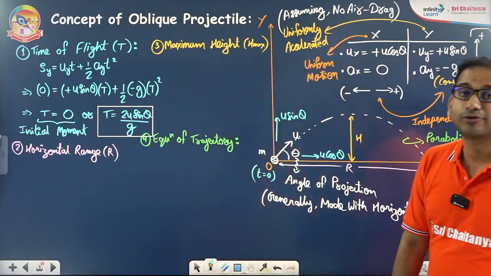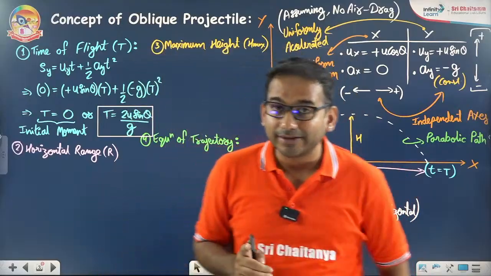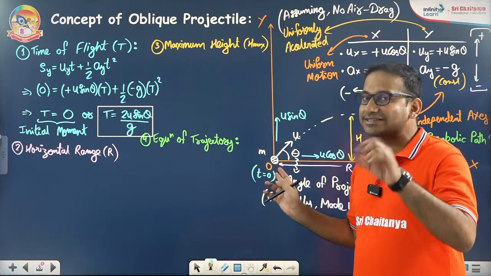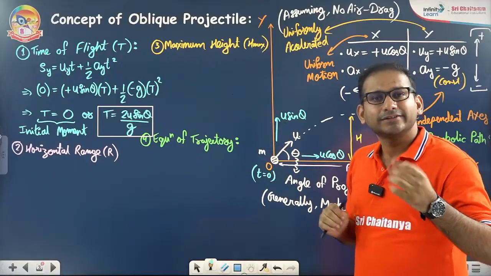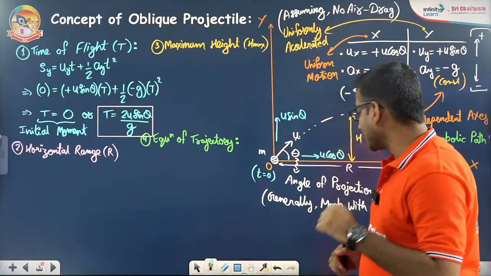So the first formula I want you to remember is T equal to 2u sine theta by g. Remember, dear, that this theta is made with the horizontal, or with the x-axis. What if the angle of projection is made with the y-axis, sir? Then, as I said, sine theta will change into cos theta and cos theta will change into sine theta.